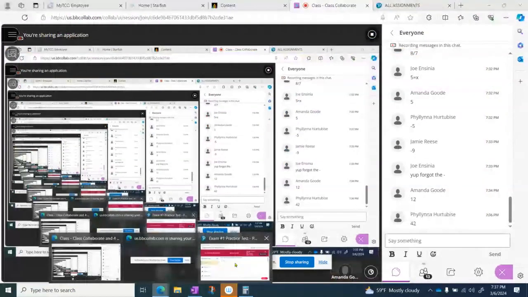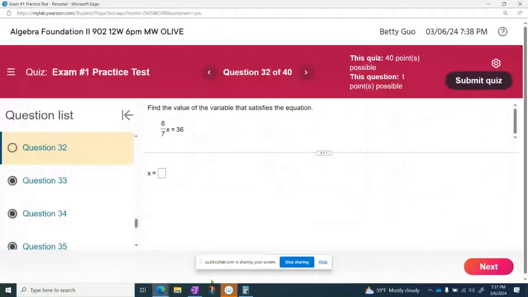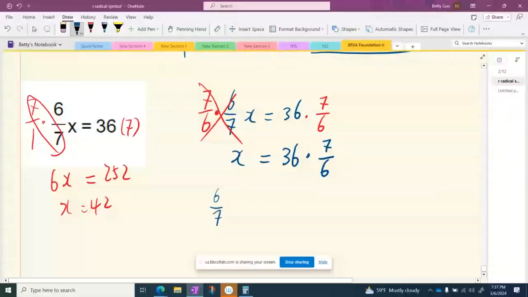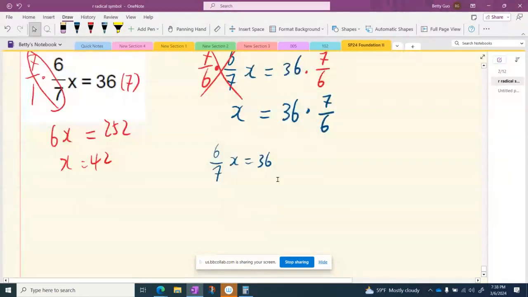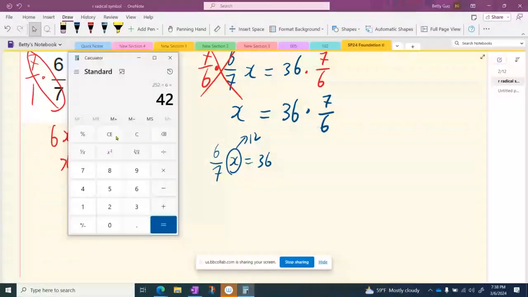How do we know is it correct or not? We can check, right? Original equation, x equals 36. If you got a 12 here, you use your calculator. Try that. 12 times 6 and then divide by 7. You don't have 36, right?